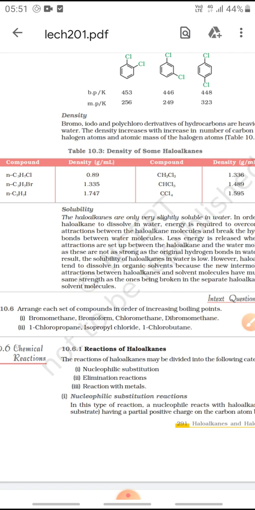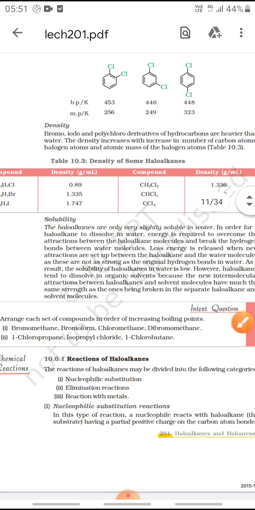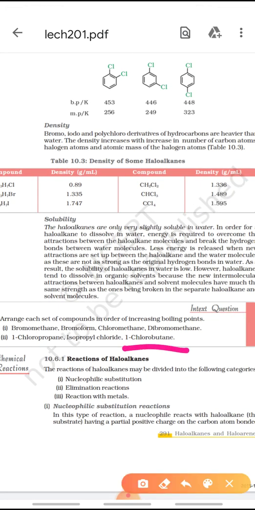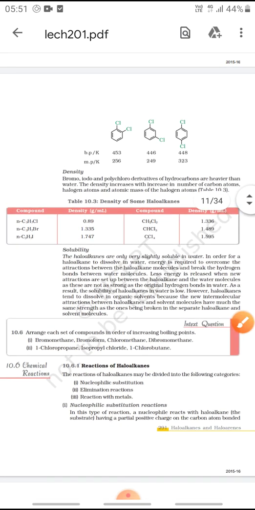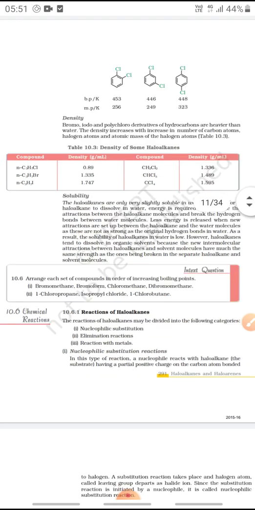Isopropyl chloride is branched chain. 1-chlorobutane has 4 carbon atoms, so molecular mass will be higher and boiling point will also be higher. So this will have the highest boiling point, this will have slightly lower, and this will have the least boiling point.